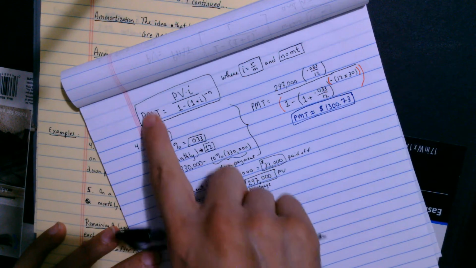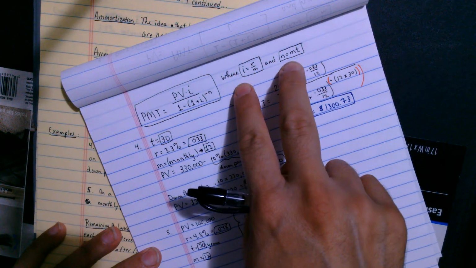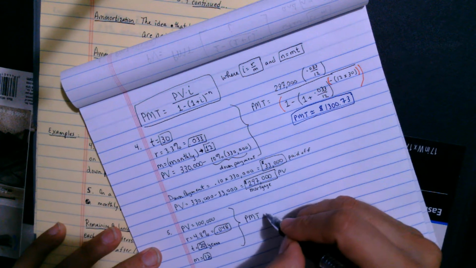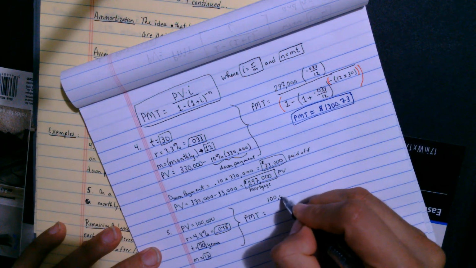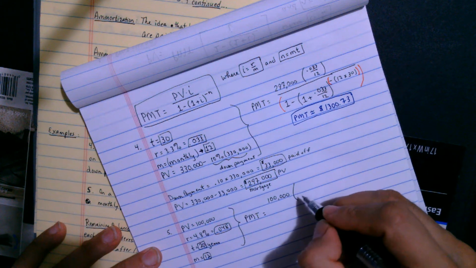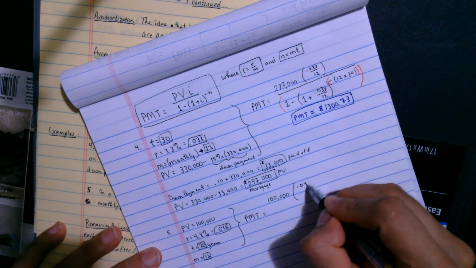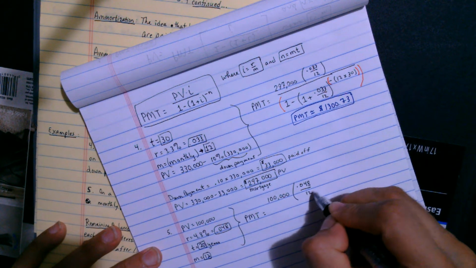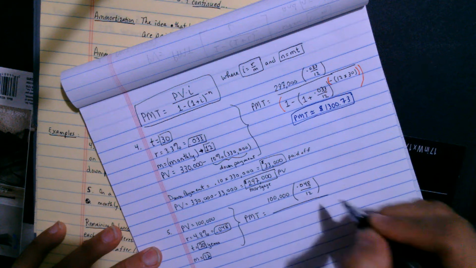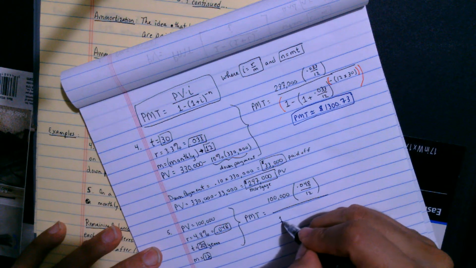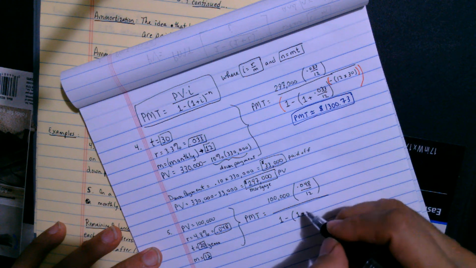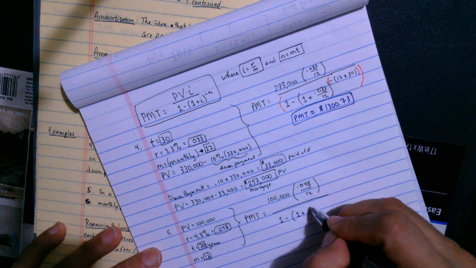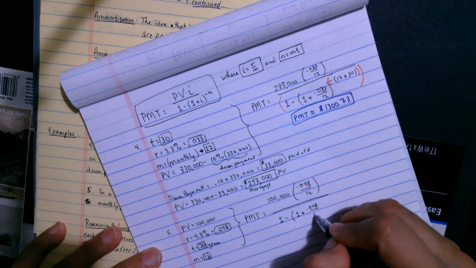So similar formula, with these 2 nuances put in there. The monthly payment is 100,000 times I, which is again R over M, close parentheses, then divided by 1 minus parentheses 1 plus R over M, which is the representation for I, 0.048 over 12.